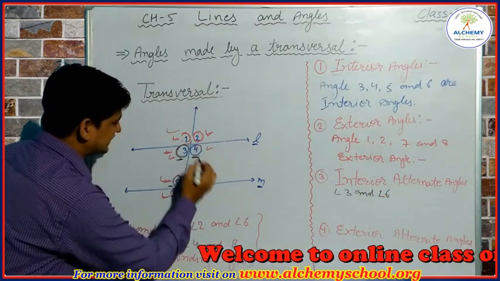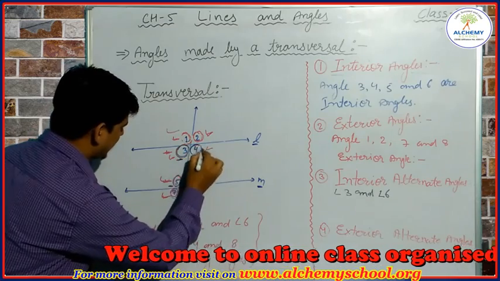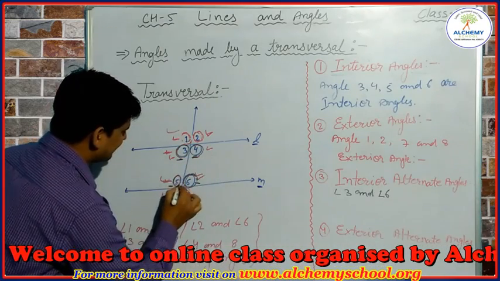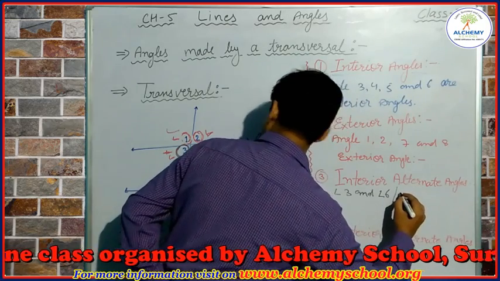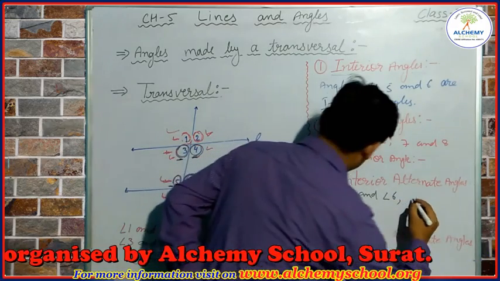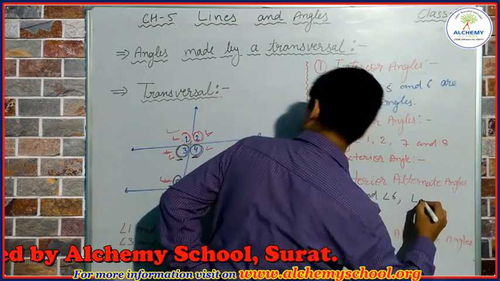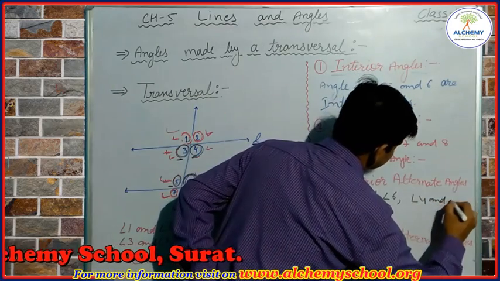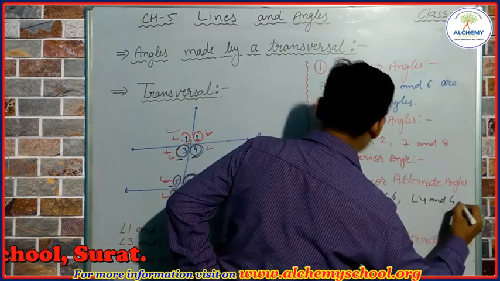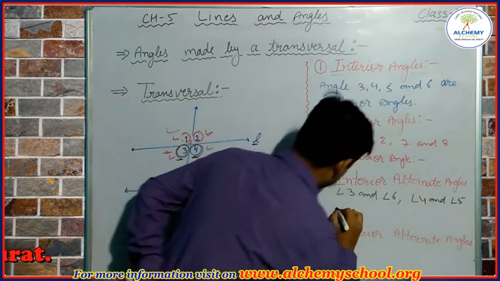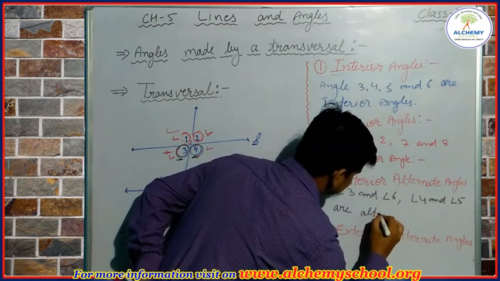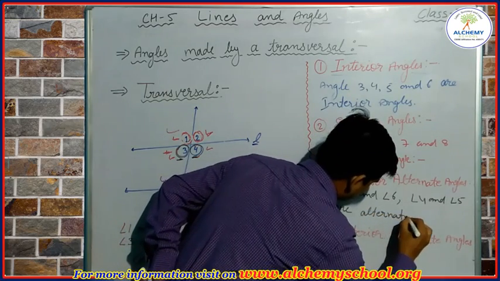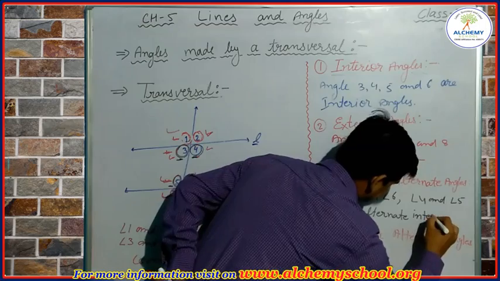When we observe the other side, this is angle 4 and this is angle 5. So angle 4 and angle 5 are also alternate interior angles.